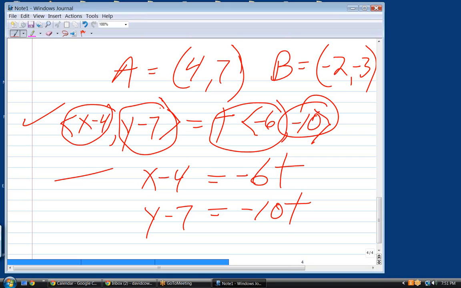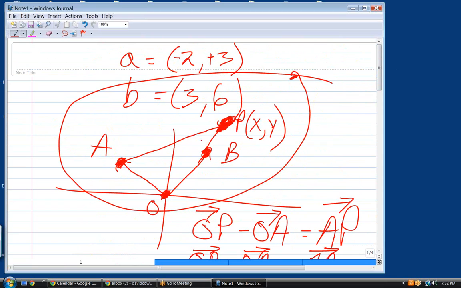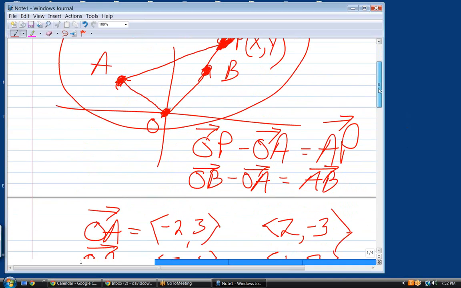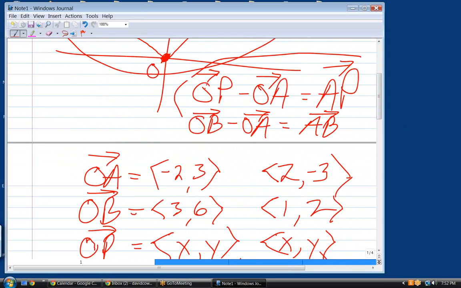The concept, granted, is a little strange, a little hard to understand, the concept being how we end up with this P. But these two equations are what are important.